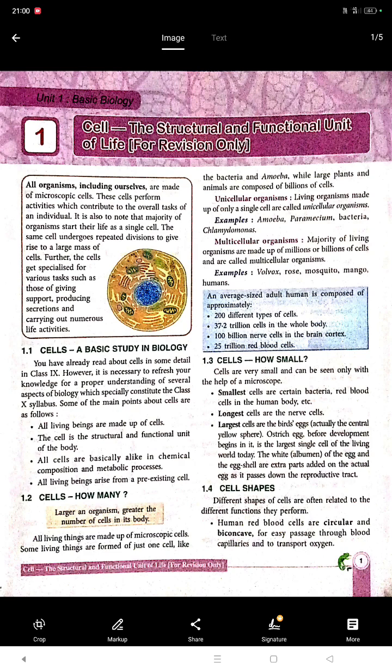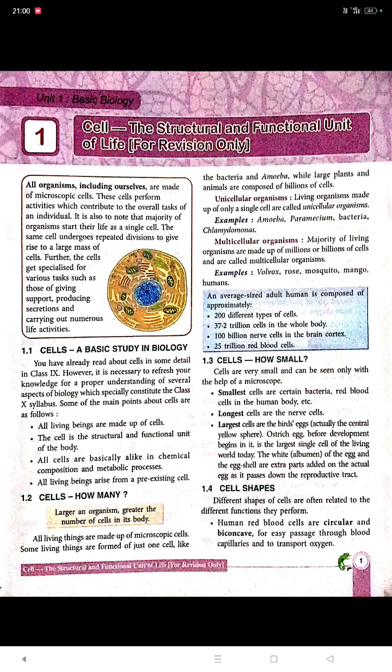Yes, the nerve cells are the longest cells because the axon and dendrites are very long. That's why they are called the longest cells. Next, the largest cells are bird's eggs. Which eggs? Ostrich egg, before development begins in it.